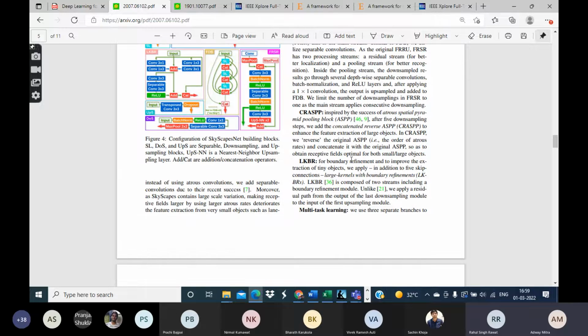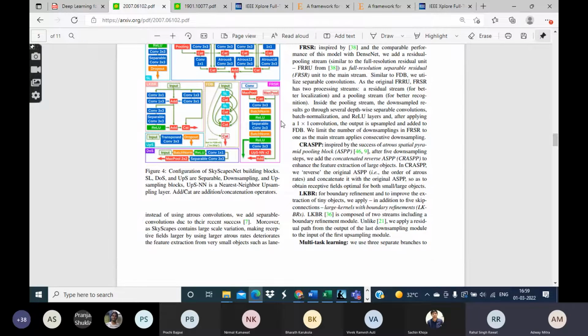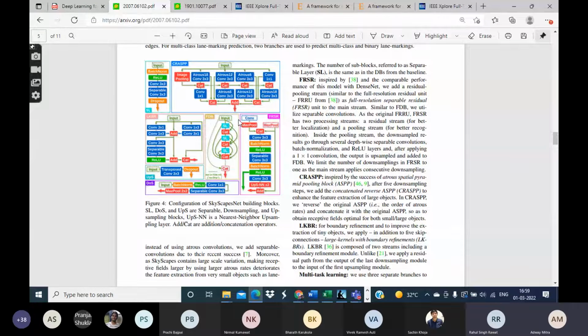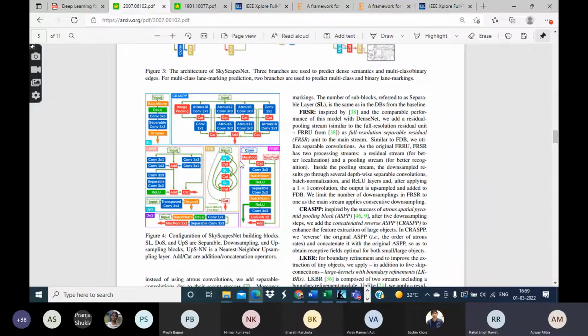Similarly, they have various other building blocks, and using all of them they build this network. The structure might look very complicated, but the whole idea is that the input is progressively passed through a number of layers like this.